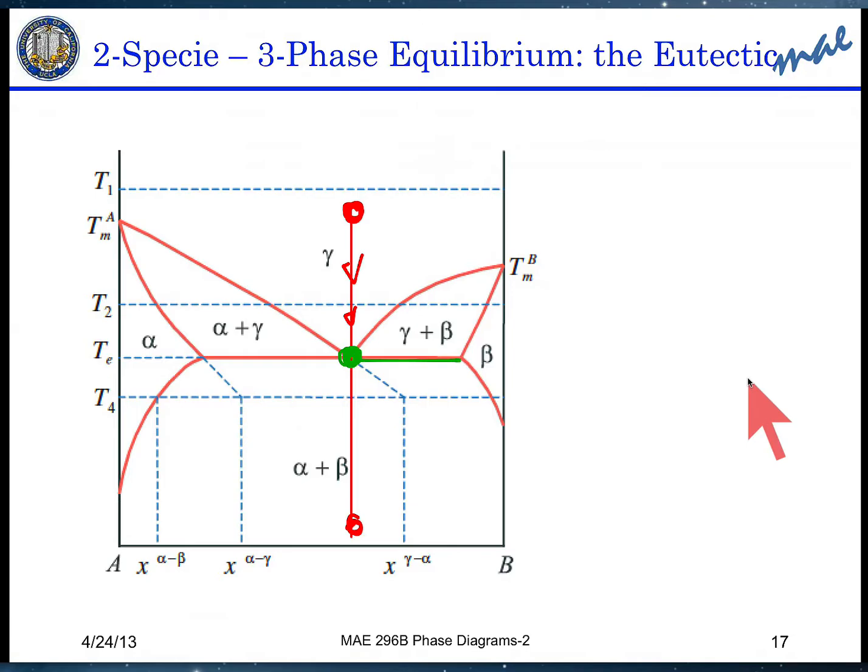One phase will be the beta phase right here with the concentration of X sub B. One phase will be the liquid, or gamma phase, and then one phase will be the alpha phase with the concentration given by this point in here. So these are the three that will come out. And this point is called an invariant point in the system, or the eutectic point in the system.